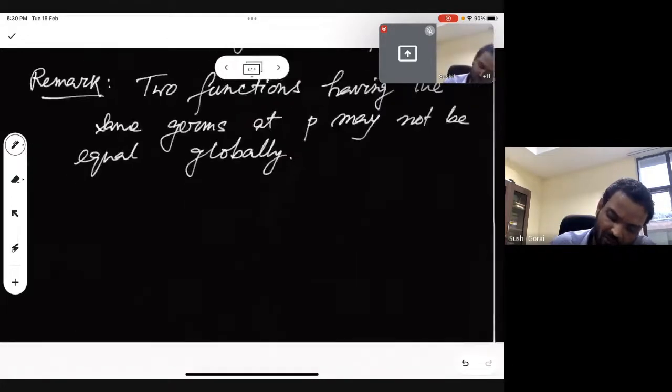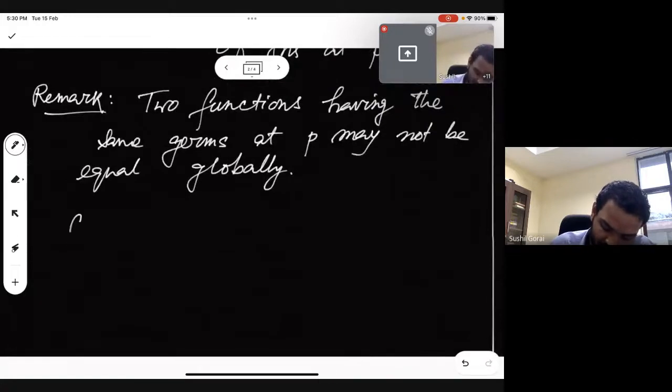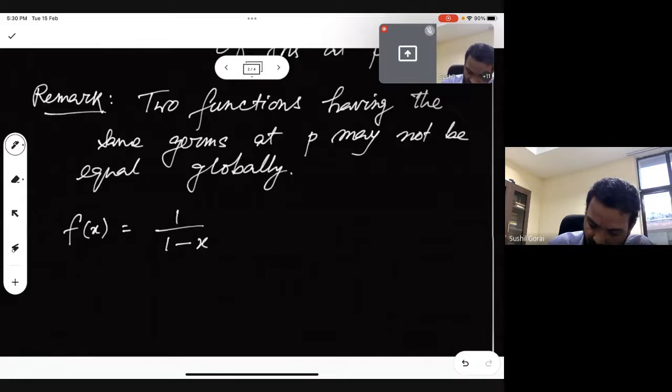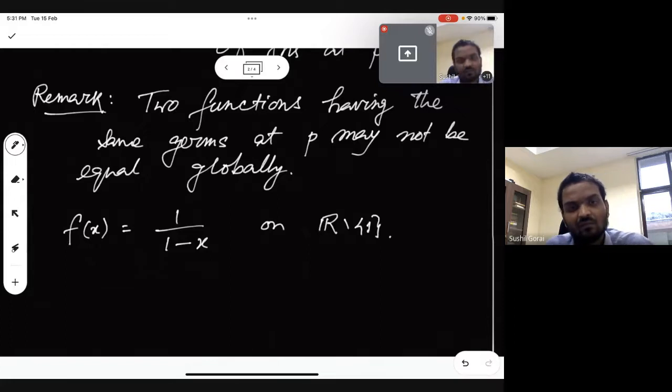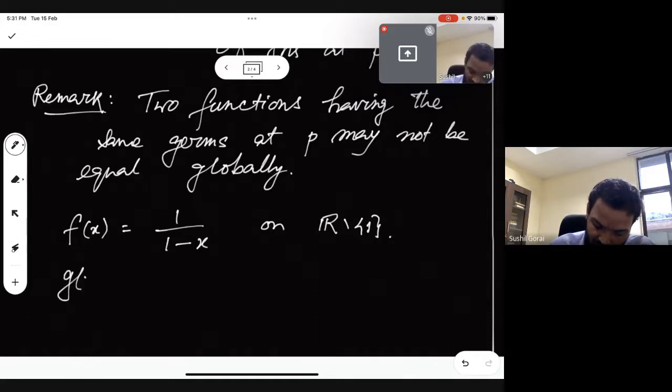You have seen examples, right? For example, look at f(x) equal to 1 by 1 minus x on R minus the point 1. This is a C infinity function. And consider g(x) equal to summation x to the power n from 0 to infinity.